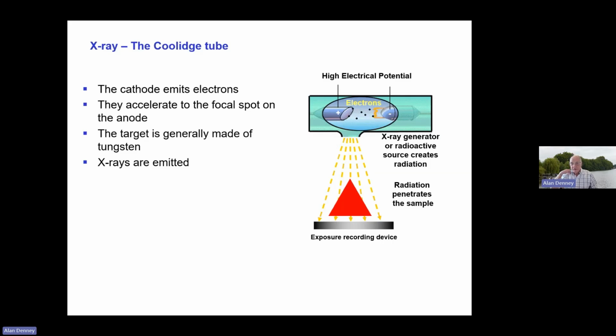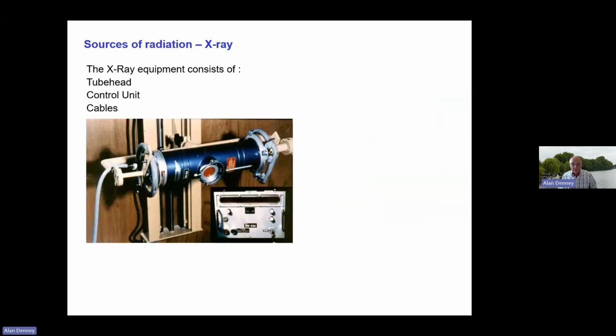Now you'll see that the anode is cut obliquely, and that deflects the X-rays out, and so there's a window there, a glass window, specialized glass. So you've then got the X-ray beam exiting the tube through the window, and then down onto the piece of work.